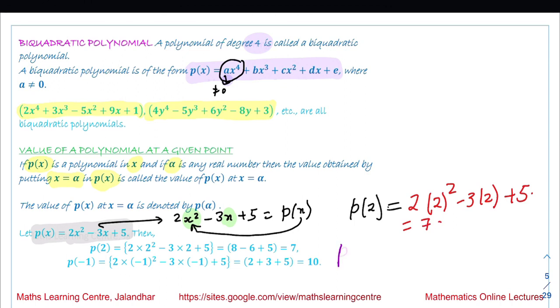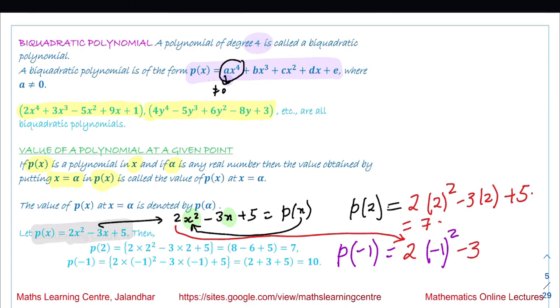Similarly, if I have to calculate p(minus 1), the 2 is already there. Next we replace x with minus 1 square. Next, minus 3 is already there. In place of x it is minus 1, and then plus 5.